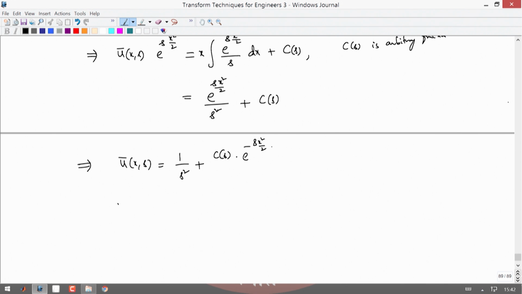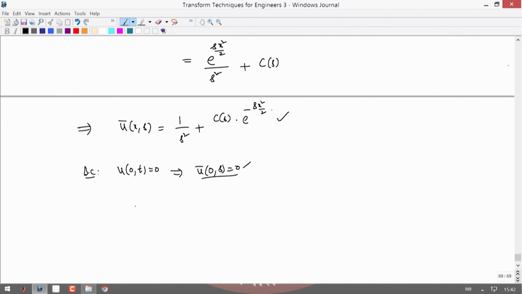So, we will use the other boundary condition, that is u at 0 t is 0. That means u bar of 0 s is 0. If you use this condition here, the left hand side is 0 and you get 1 by s square plus c of s, putting x equal to 0. So, this makes c of s as minus 1 by s square.